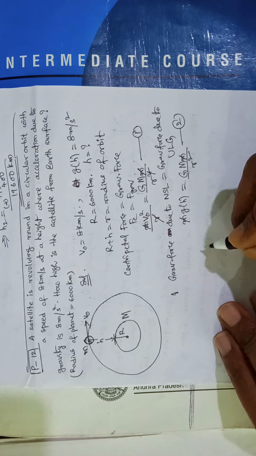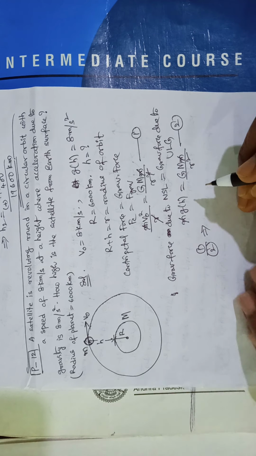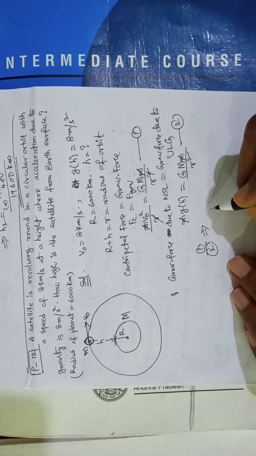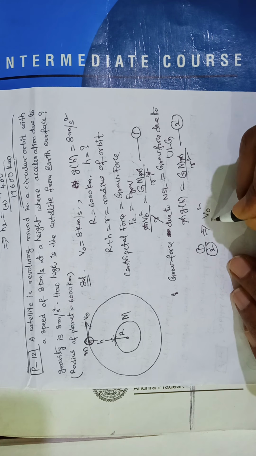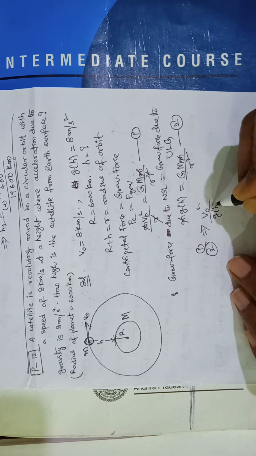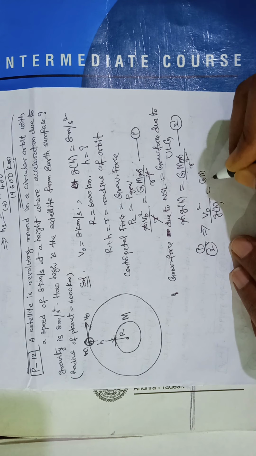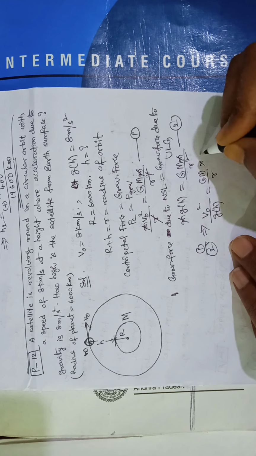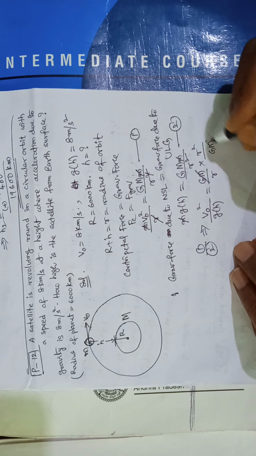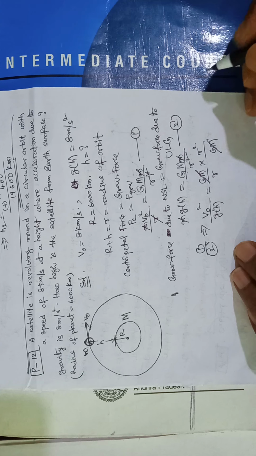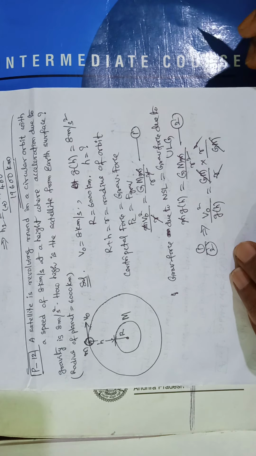Now, first equation divided by second equation gives v0 square by g of h is equal to GM by r into r square by GM. GM gets cancelled, and one r gets cancelled.